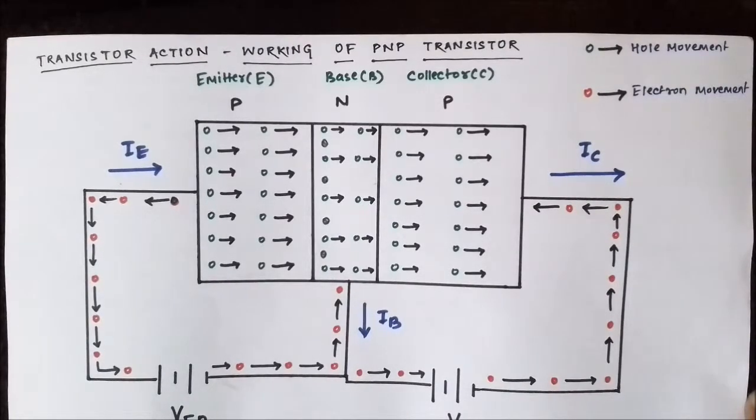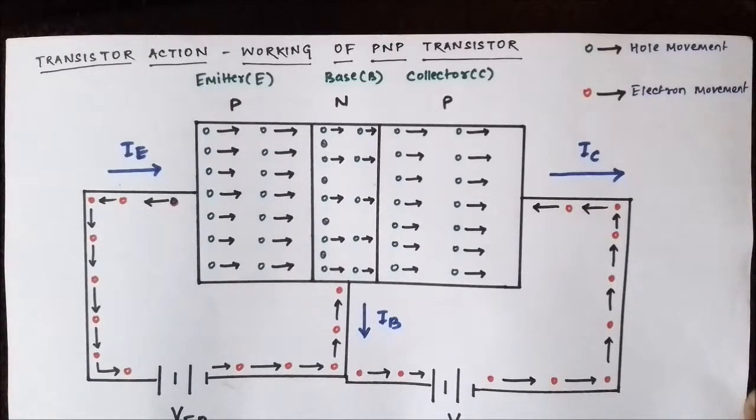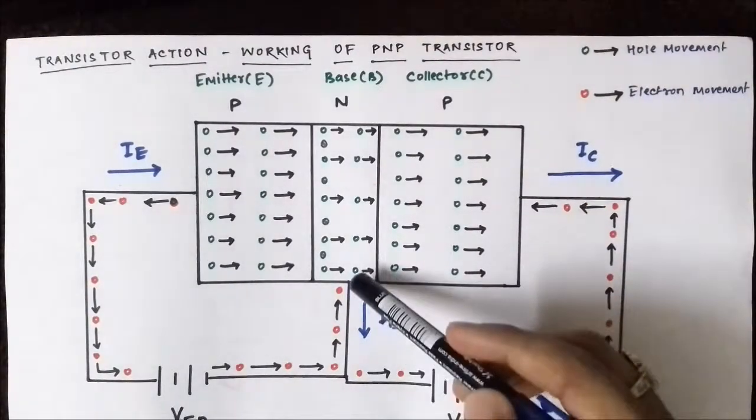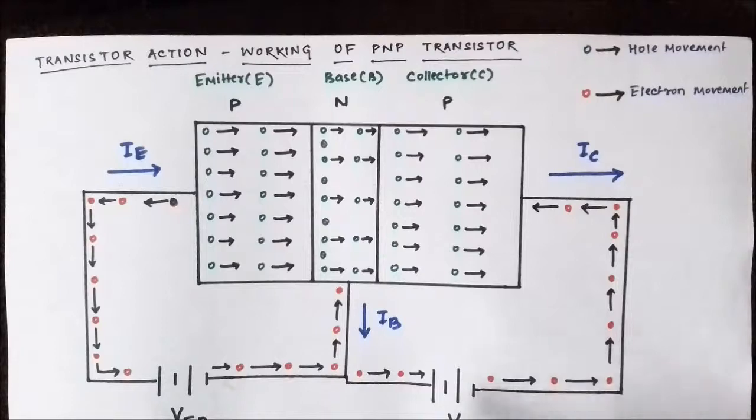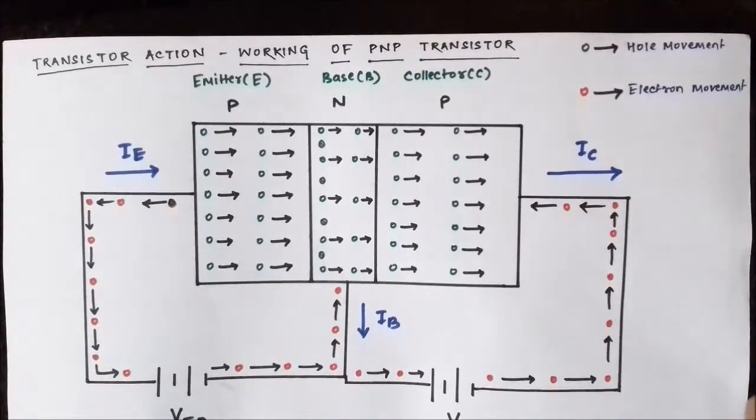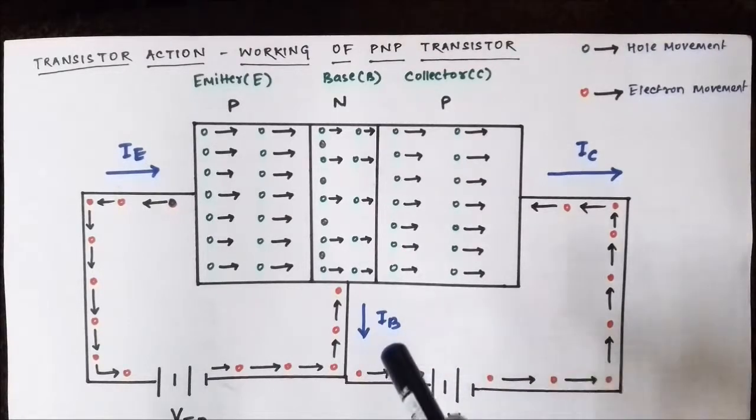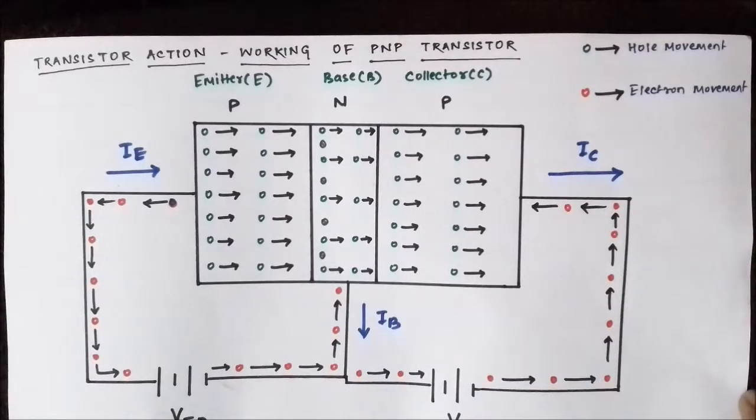As a result of that, 5% of the holes are lost. This electron hole recombination produces the base current in the downward direction, away from the BJT, which is IB, the base current.